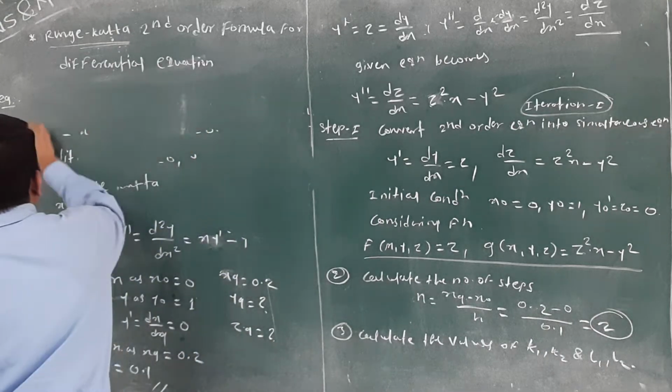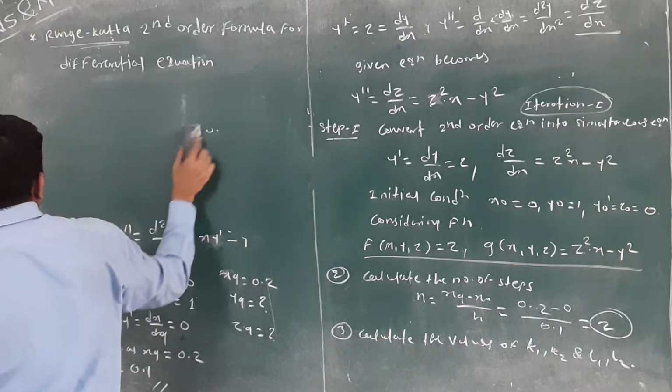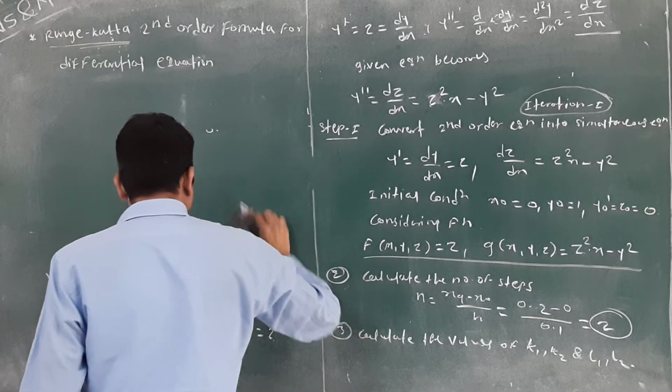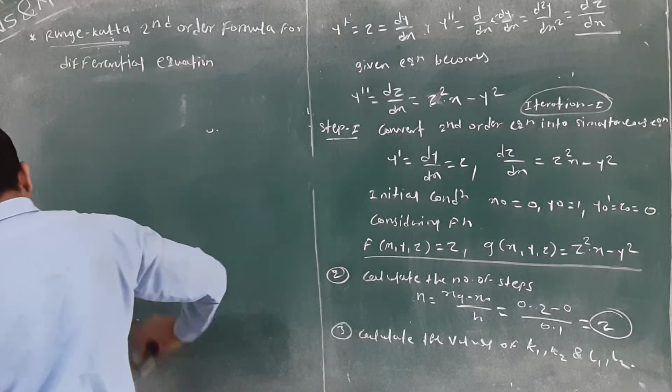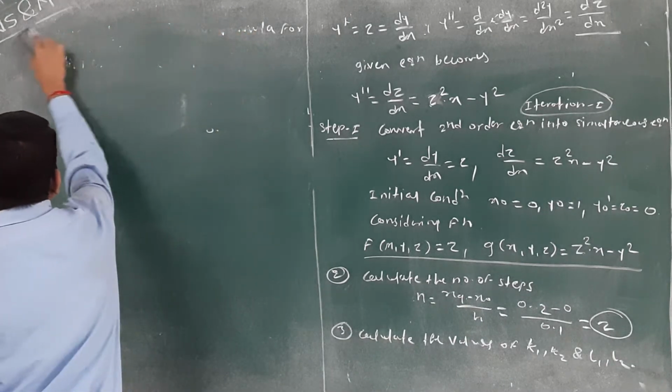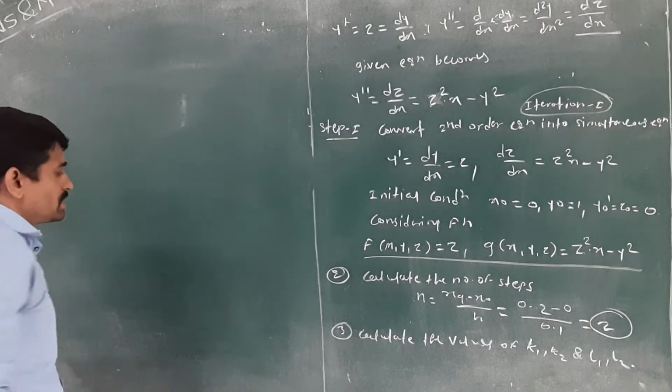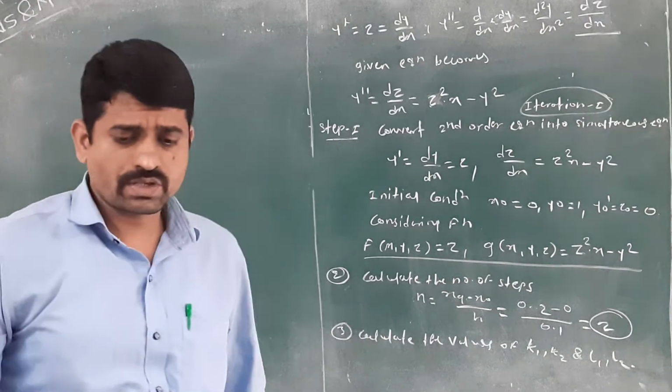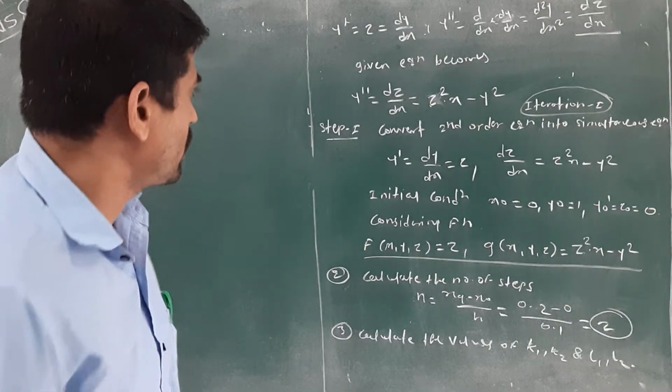But if you are given the Runge-Kutta second order method formula with a differential equation, then you also have to calculate L1 and L2.